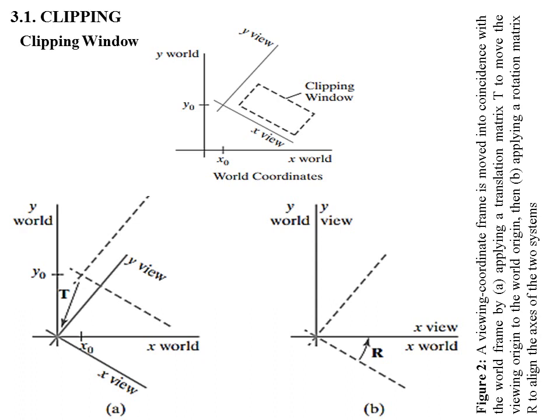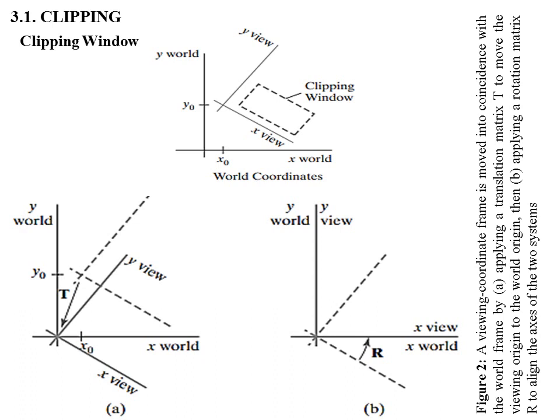That step is called the translate step, which is represented by capital T in the second figure. There you can observe the origin of viewing coordinate and the origin of world coordinate are coinciding at the same location. But here you see the viewing coordinate has some angular difference compared to the world coordinate axis.